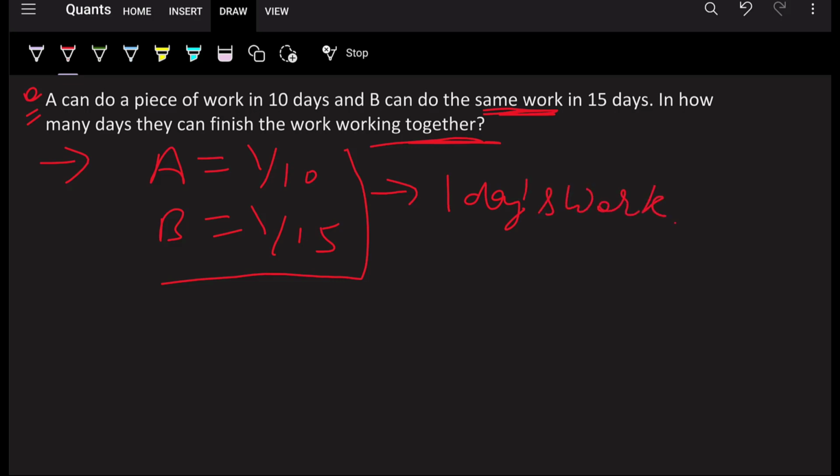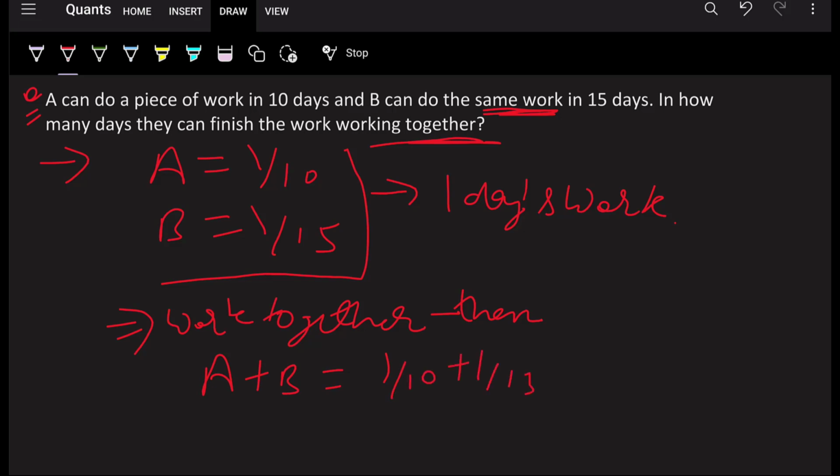So if they work together, then I would add the 1 day work of both. A plus B's 1 day work will be 1 by 10 plus 1 by 15, and the common denominator will be 30. So 3 plus 2 divided by 30 is equal to 5 by 30, which is equal to 1 by 6.